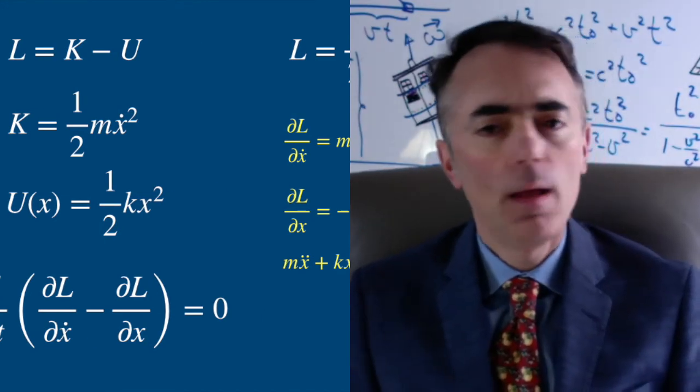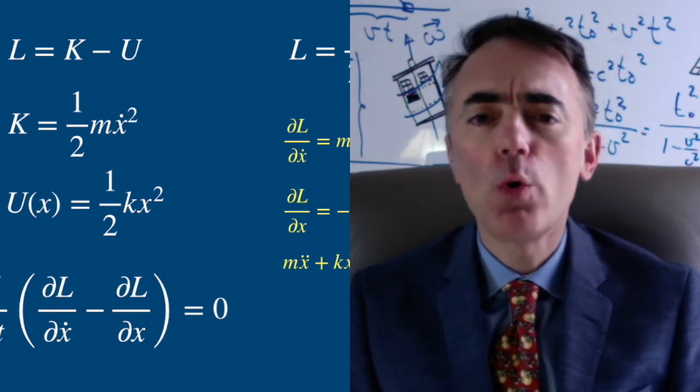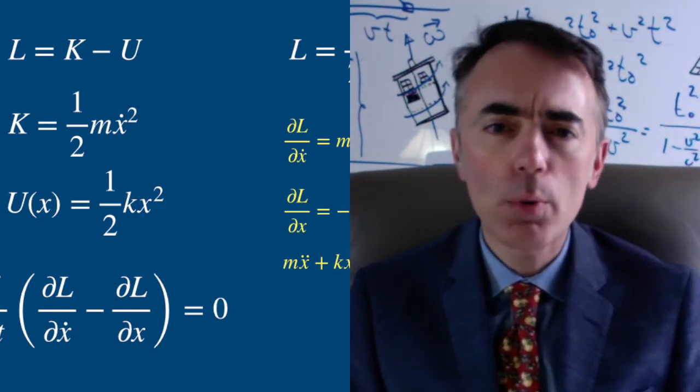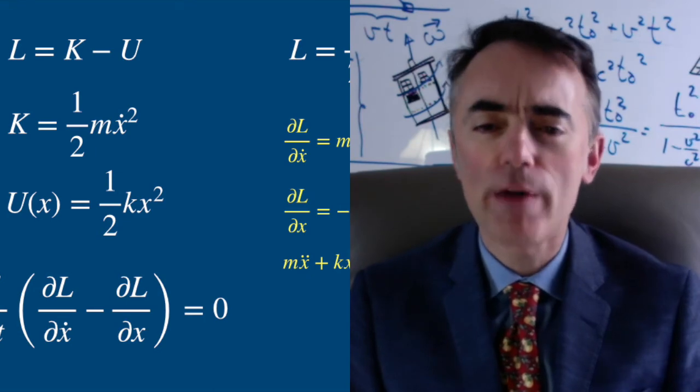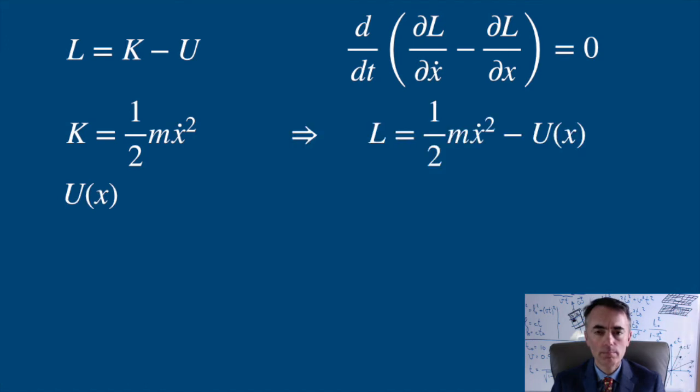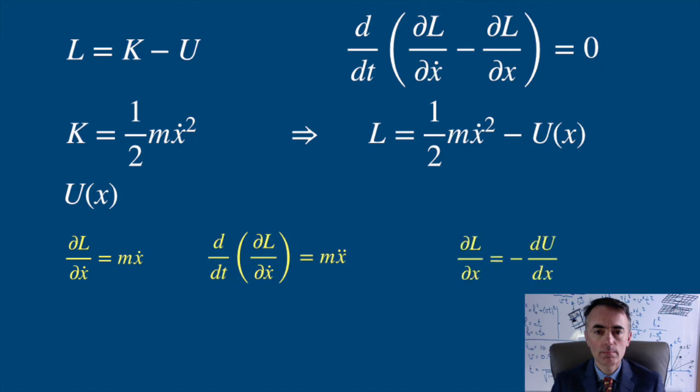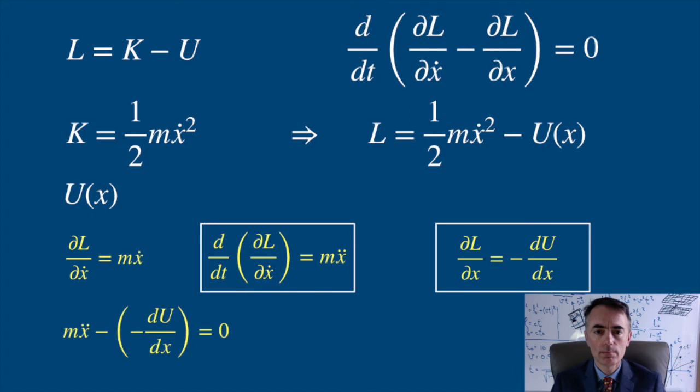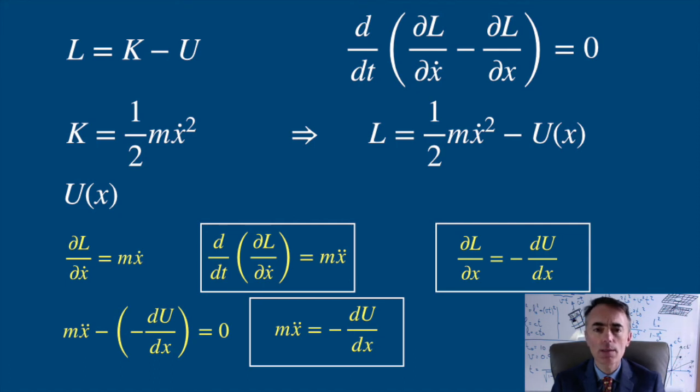Okay, let me study something a bit more general. Let's consider a particle under an arbitrary potential U of x. The Lagrangian for that particle is... If we apply the Euler-Lagrange equations, we get that m x double dot is the negative derivative of the potential energy with respect to the position.